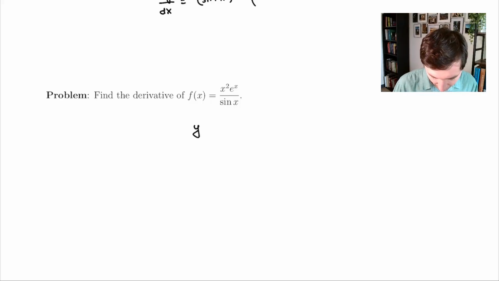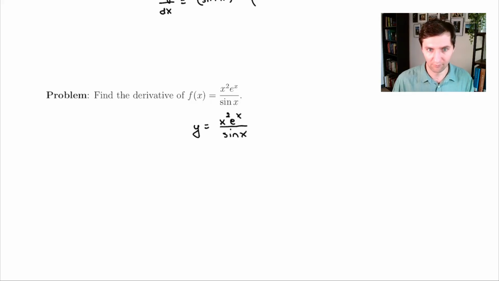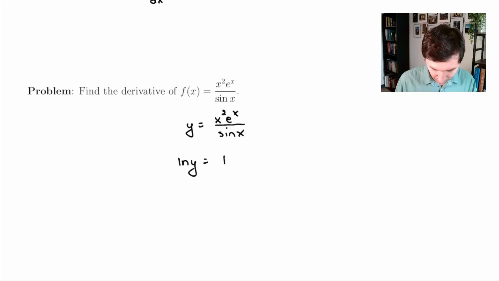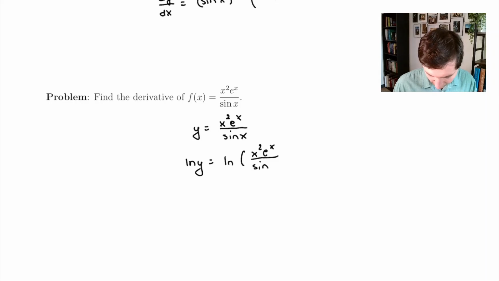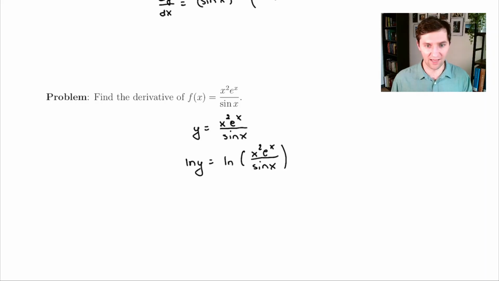First, I name my function y, so I have y equal to x squared e to the power of x over sine of x. I follow the same steps. I take ln on both sides, and I get ln of y equal to ln of the right side, x squared e to the power of x over sine of x. This time, I will use a different property of natural log.